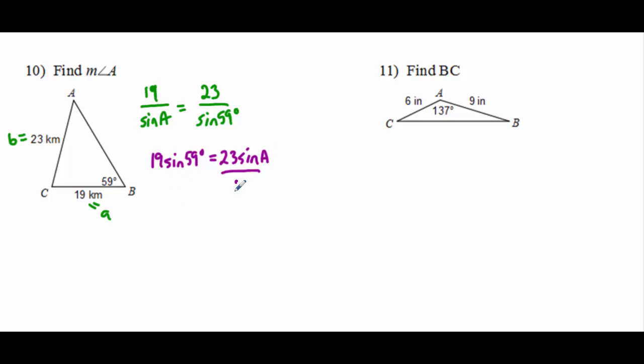And divide by 23. Sine A equals 0.708. I'm going to do second sine, second answer, and I get 45.08.